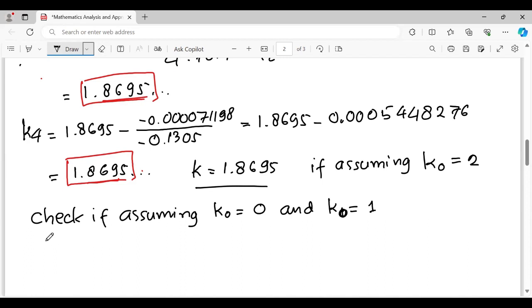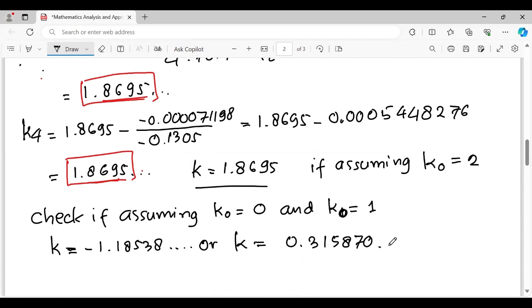And you can find different values of K. K is minus 1.18538, and so on, or K equals 0.315870, and so on.